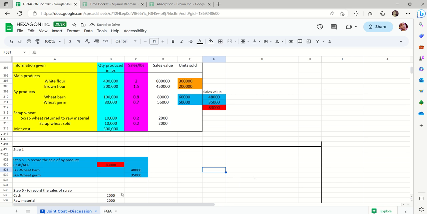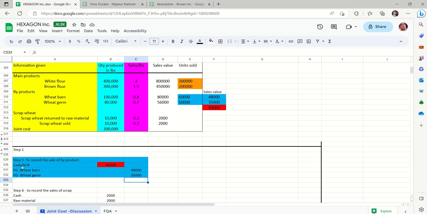Then we credit the finished goods inventory, which is the wheat bran with respect to byproducts and wheat germ. So what are the respective units? We already calculated that right there, the sales value right there. And then sales value for wheat bran was 48,000 and wheat germ was 35,000 right there. You add these numbers, that would be exactly 83,000.